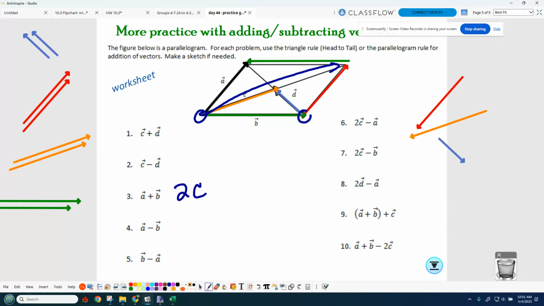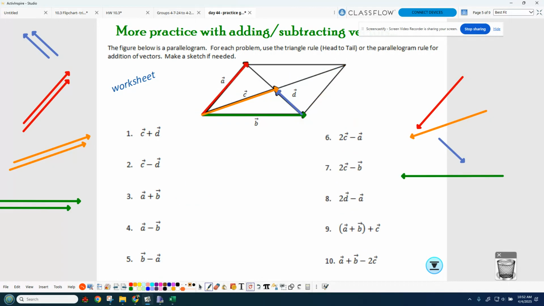Here's the open starting point. Here's the open ending point. That's A. Minus B is this way. Open start, open end.